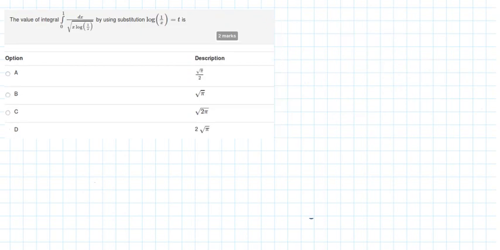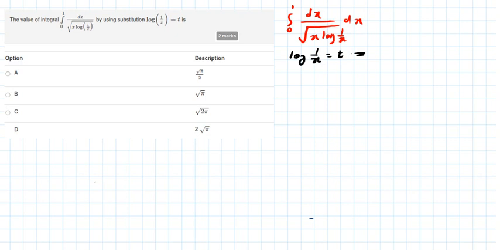Next question. To evaluate the integral 0 to 1 dx upon under root of x log of 1 by x, with the given substitution: log of 1 by x is equal to t. We need to substitute this into the given integral and solve it.